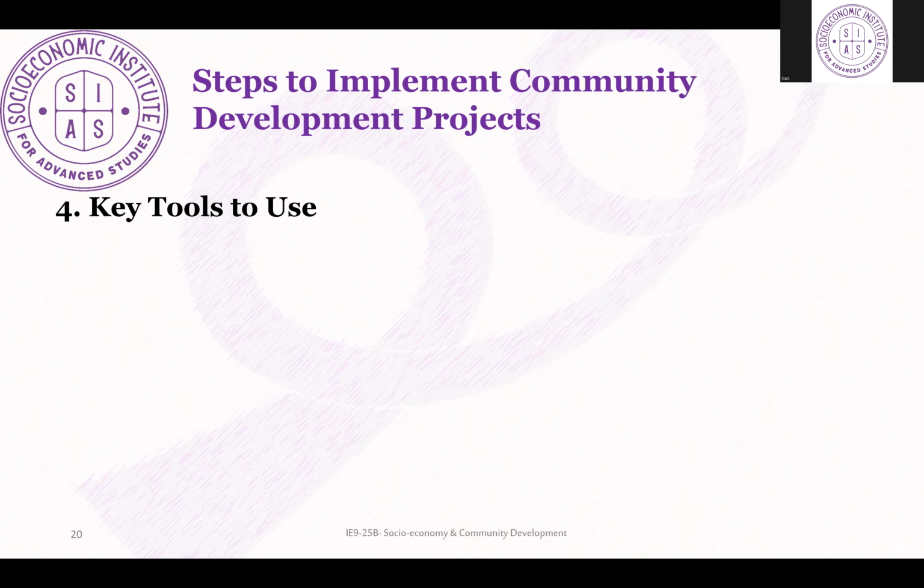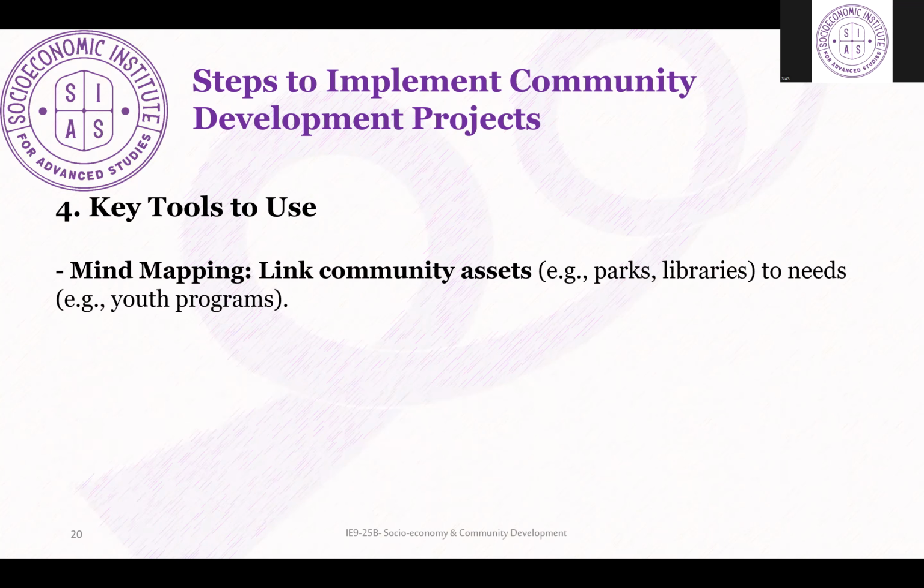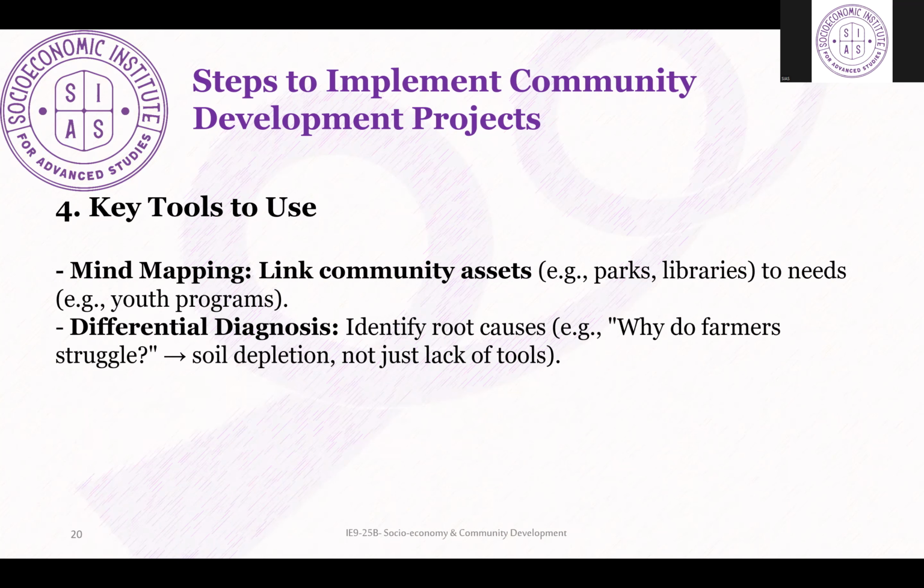Now, we need to think again of the key tools to use, for example, mind mapping, how we link community assets, for example the parks and the libraries, to the needs of the community. We need to think about the differential diagnosis, how we identify root causes.